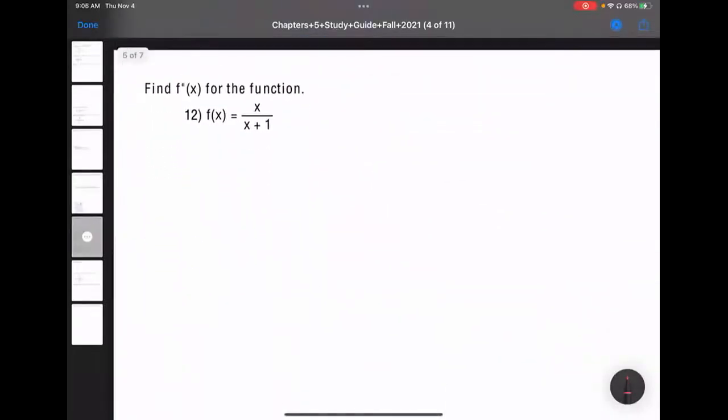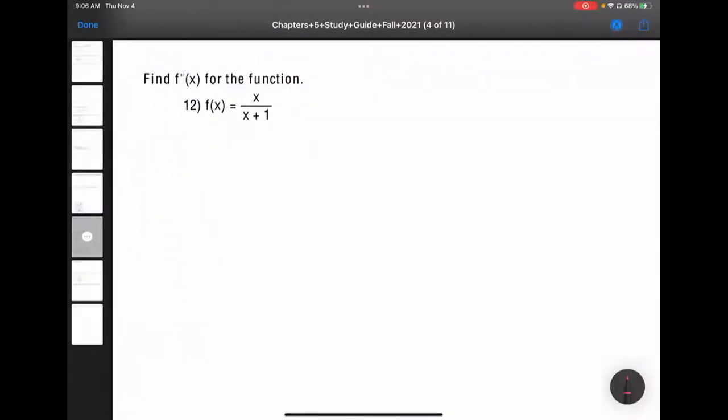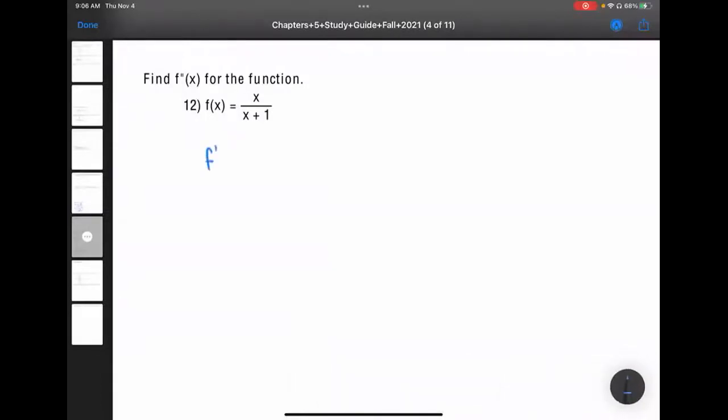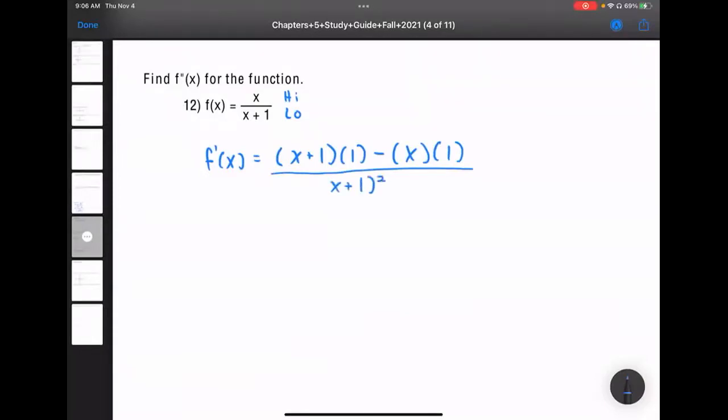Number 12 is simply another double derivative. So we're just going to work this problem again. So step 1 is you take the derivative. So we're going to use the quotient rule here, right? Which is low d high minus high d low, all over low squared.